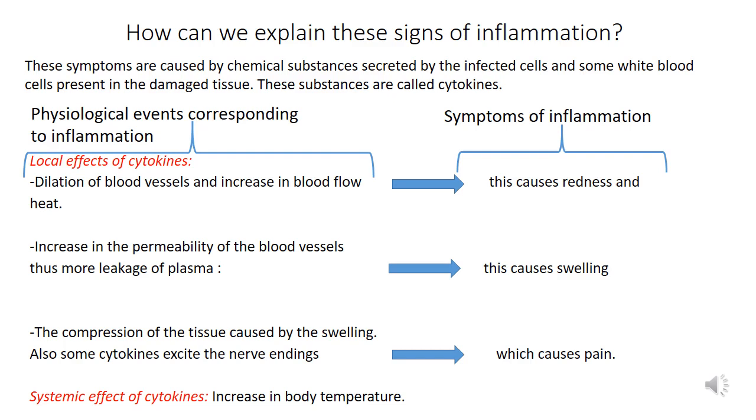Also, cytokines have systemic effects, and the main systemic effect is the increase in body temperature, or the fever, that you know is the main effect that happens during infection.